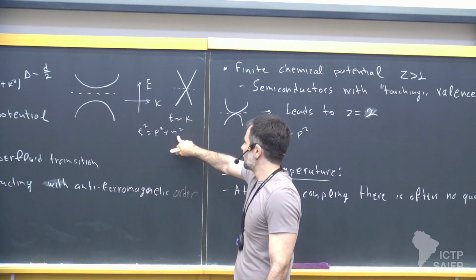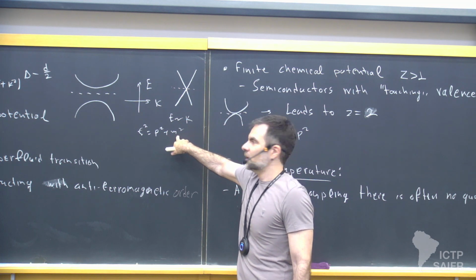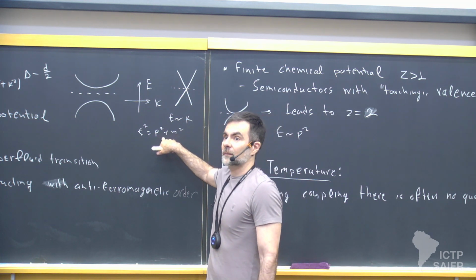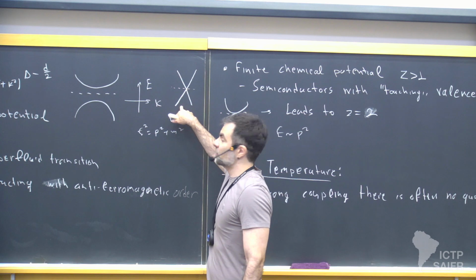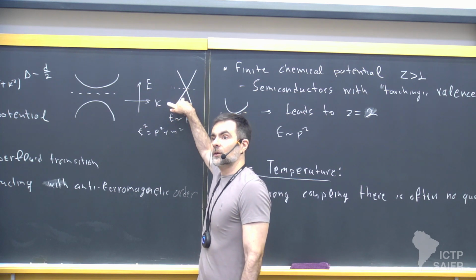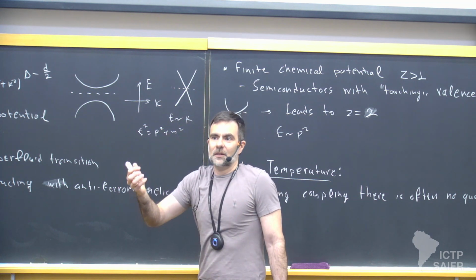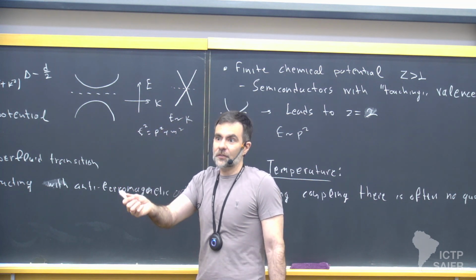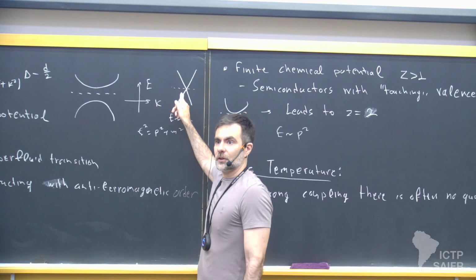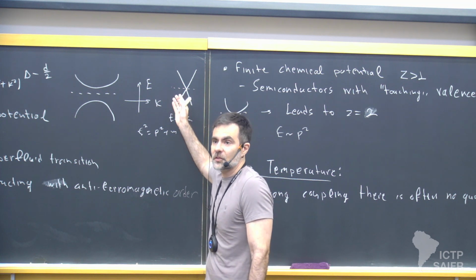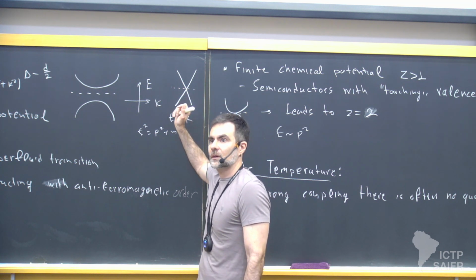If I have something massless, then E is proportional to p. And this is the dispersion relation that you will get for fermions. This is called the Dirac point. The honeycomb lattice plays a significant role in getting this dispersion relation. So that is a system with z equals 1.